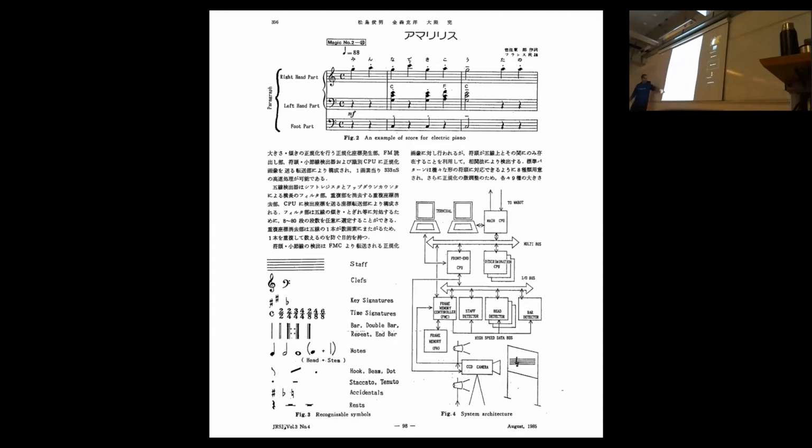And then you have this library of templates, and you take some template and you move it around the score in the area where you think that symbol might be. And you try to see if this symbol is actually there or not. And I think ultimately the algorithm that they use to do that is image convolution. You convolve the template with the score to see if the symbol exists or not.